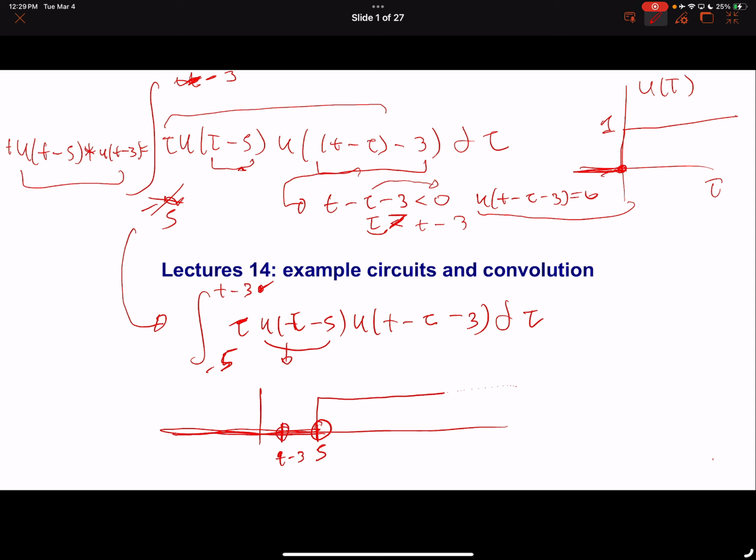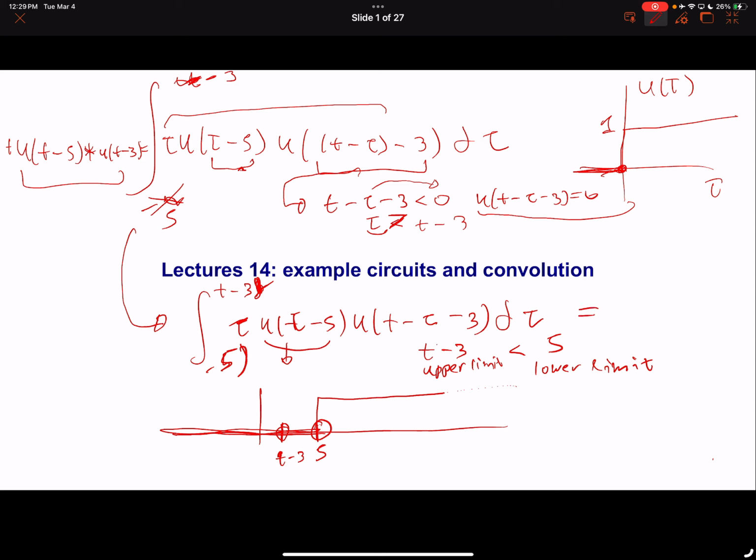So what would be the value of this integral? 0. So whenever this upper limit, t minus 3, is less than the lower limit, which in this case is 5, our convolution should be 0.